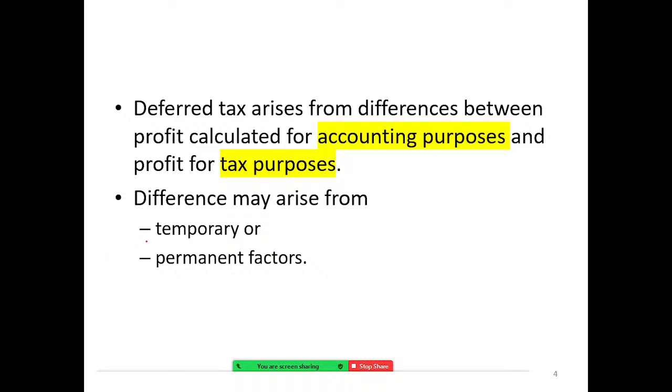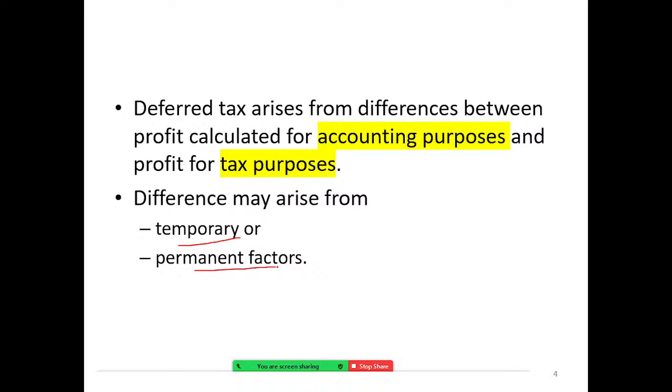Right. Differences may arise from temporary factors or permanent factors. For example, fines and penalty and legal expenses. Are these expenses deductible or not deductible when arriving at taxable profit? Not deductible.